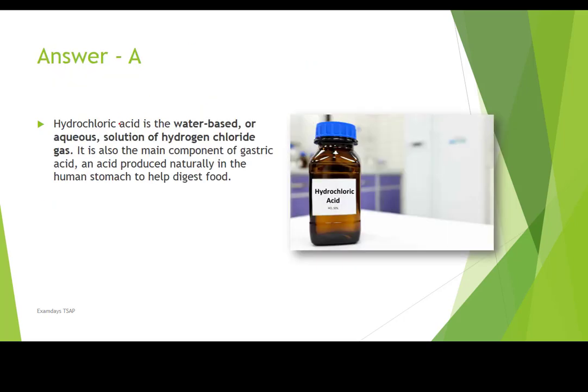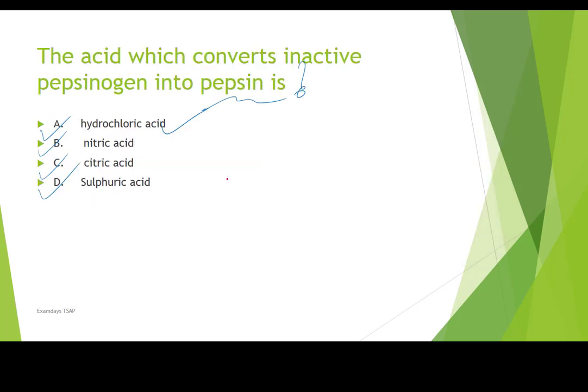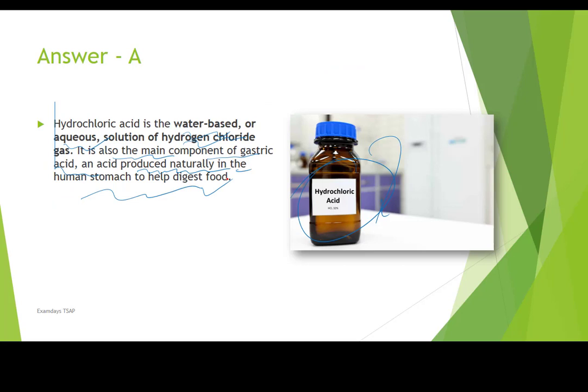Hydrochloric acid is a water based solution of hydrogen chloride gas. It is also the main component of gastric acid. It is produced naturally in the human stomach and helps digest food. So this is the explanation for the pepsinogen to pepsin conversion.